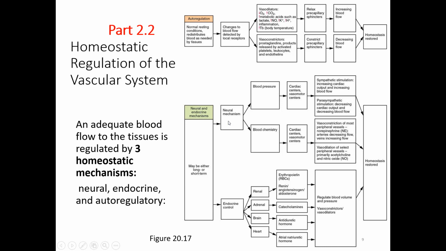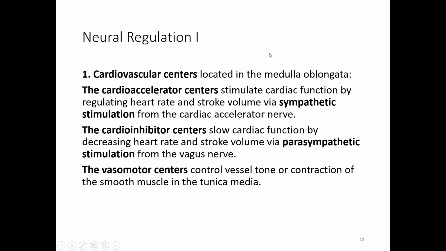Neural, it means the signals are sent from the brain and or spinal cord. Endocrine regulation happens through different types of hormones produced by endocrine glands. And finally, there is autoregulatory mechanism or autoregulation that happens right there in the tissues.